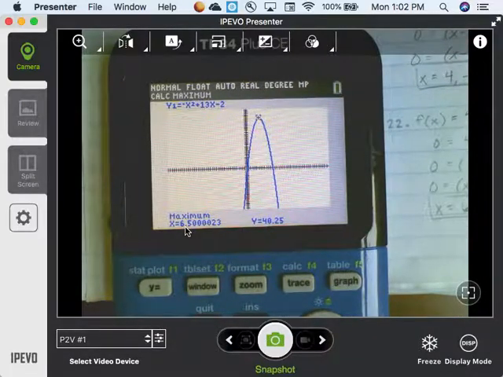Remember, left bound, you need to be on the left side of your maximum, hit enter. Right bound, be on the right side. Y equals. Your graph is hard to see, right? So do Zoom 6. Just go back to normal.